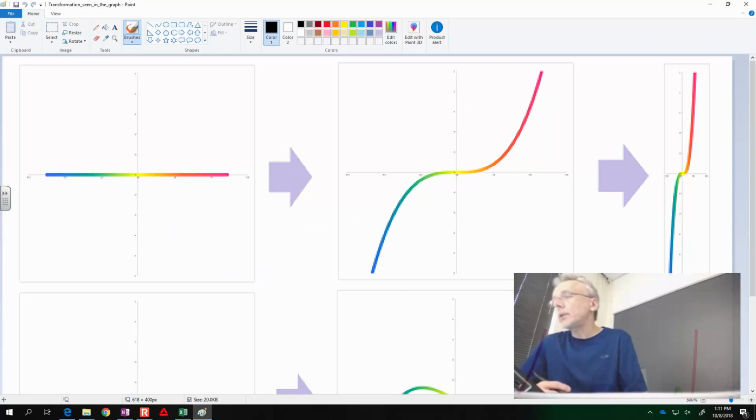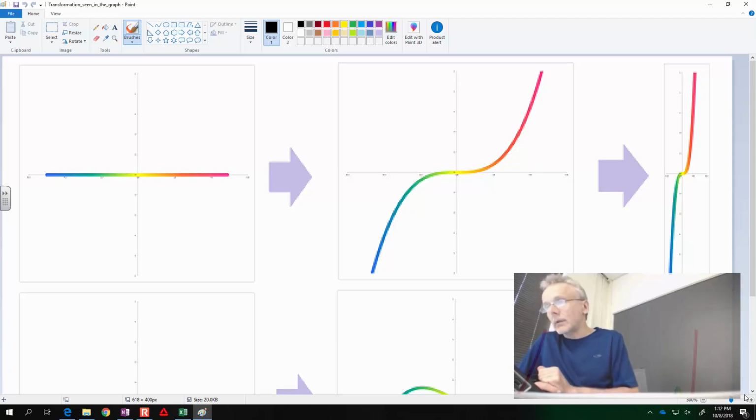So if we try to combine the 2 points of view on functions, on one hand the graph, as we have used it a lot, and secondly, this idea of functions as a transformation, it's here. Okay, so what I do here is I start with the domain on the x-axis, and I color it depending on the location. So negative numbers are blue, the middle are yellow, close to 0, and then to the right, everything.